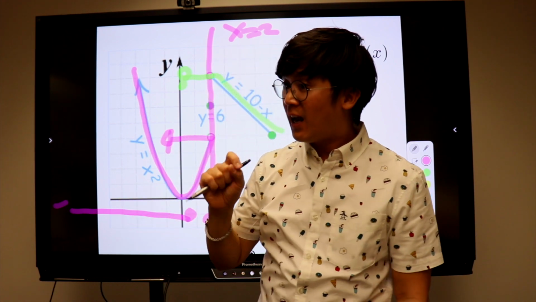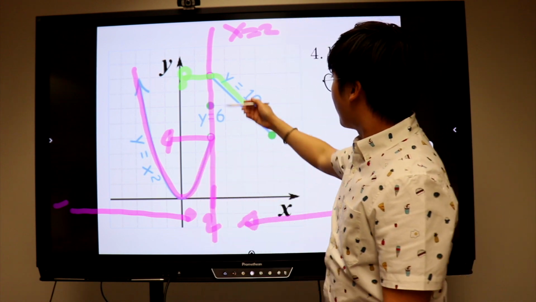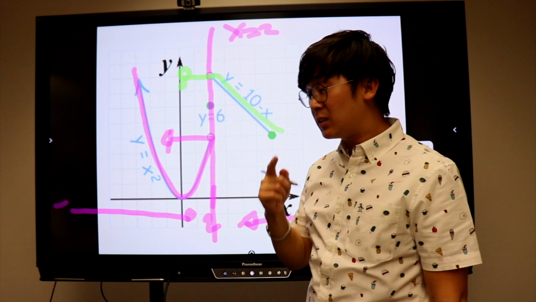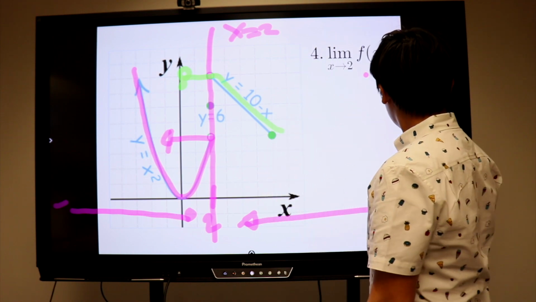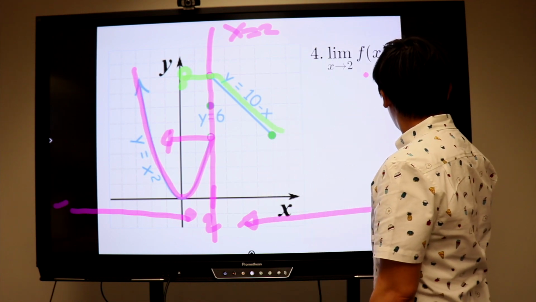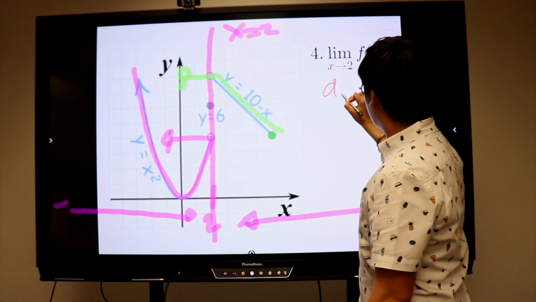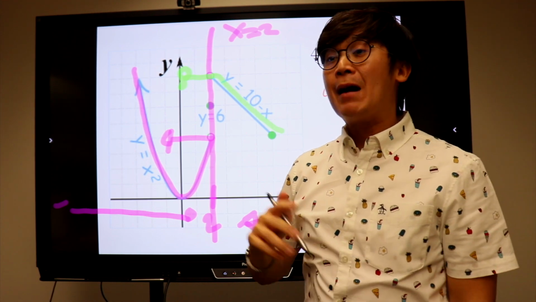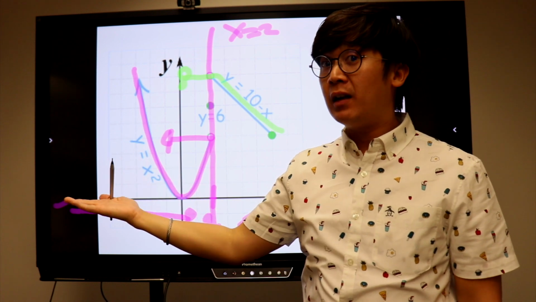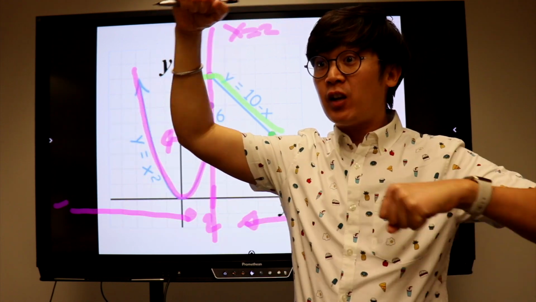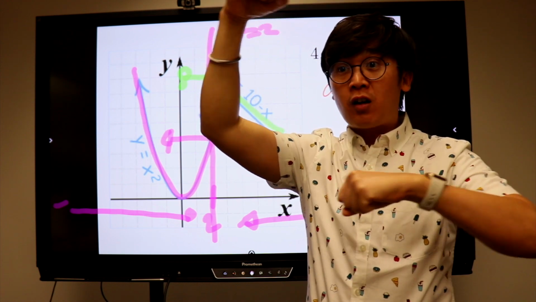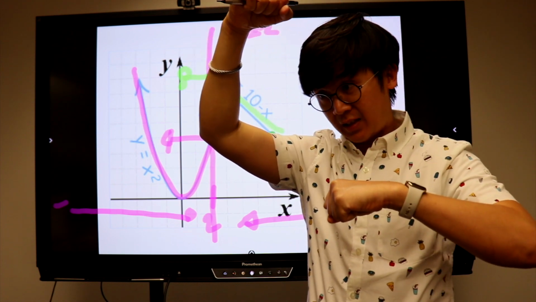So there is a little problem right here. They're approaching a different value of y, which means the limit does not exist. Because the approximated value of y coming from the left and coming from the right is not the same value. They're contradicting. And when they're contradicting, it will not exist.